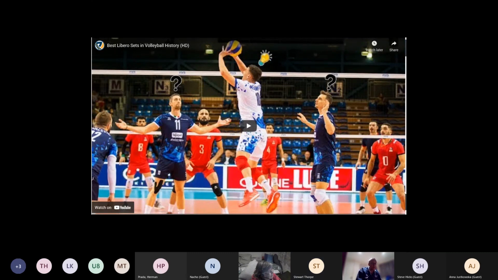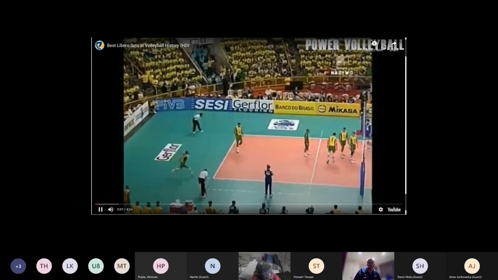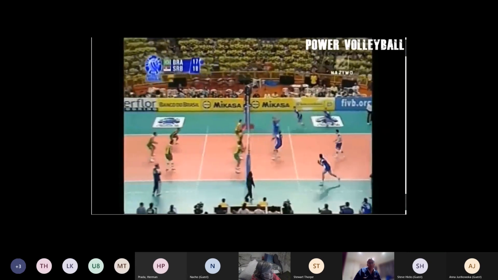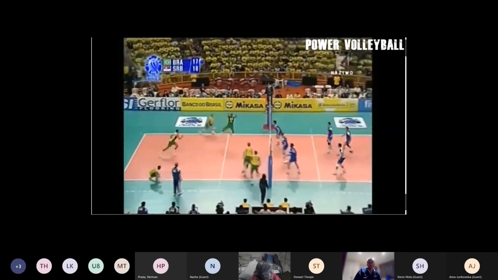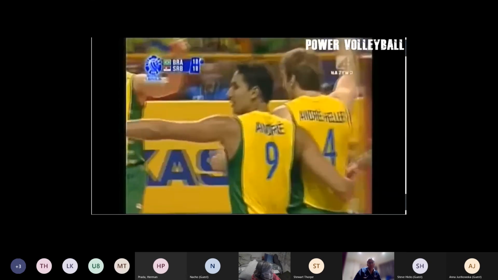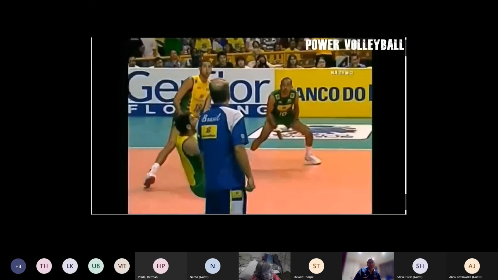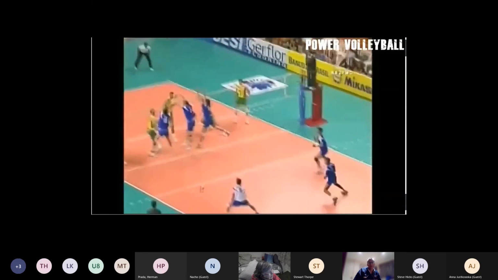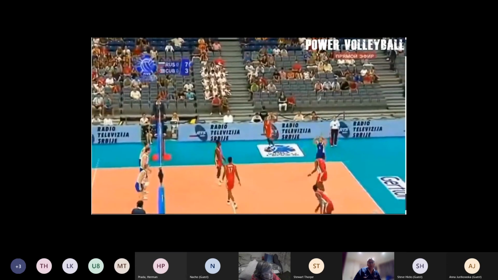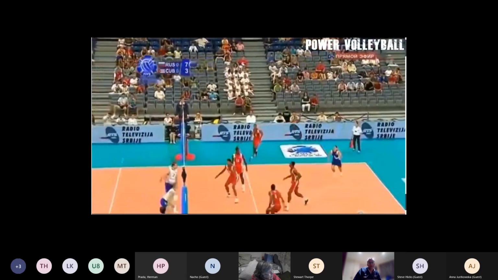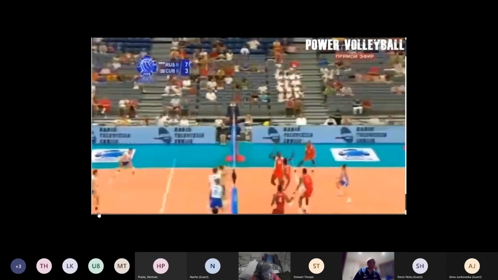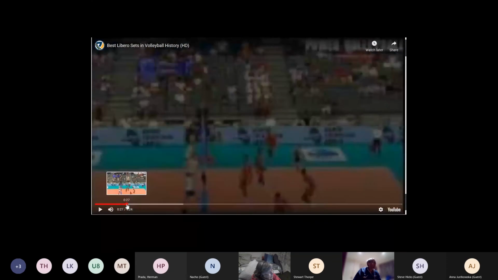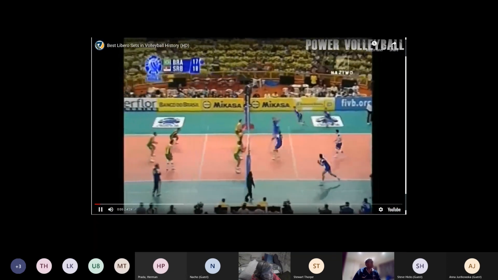And Sergio made an absolute art form of becoming the offsetter for Brazil. Let's go back and look at the Sergio one again.